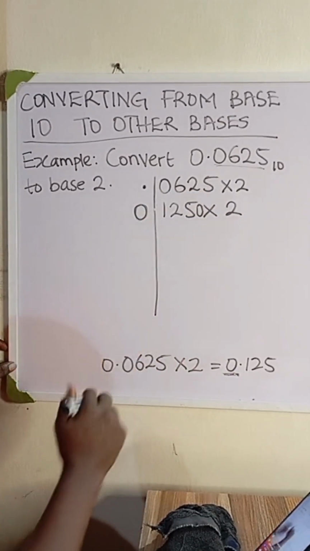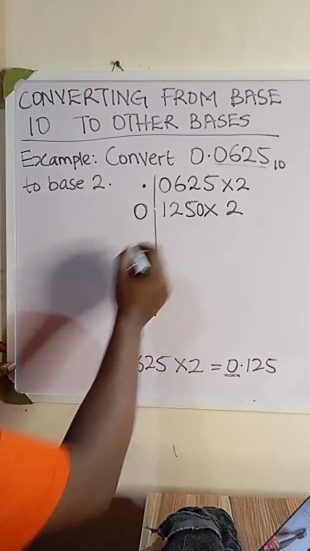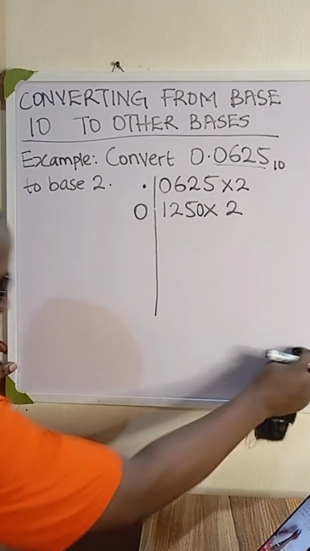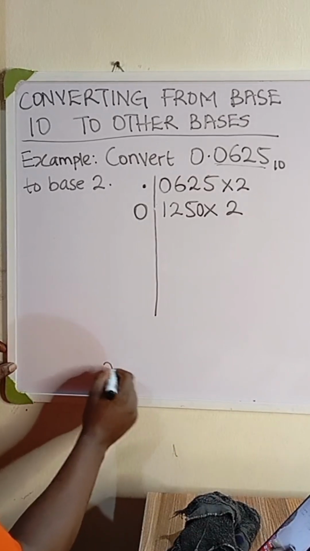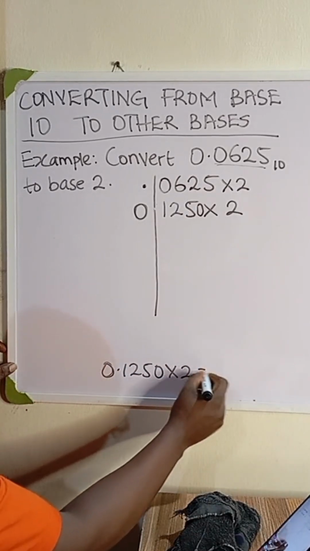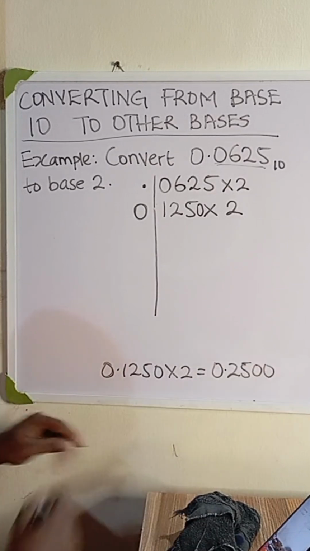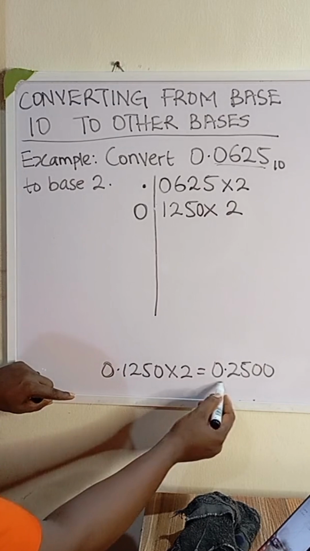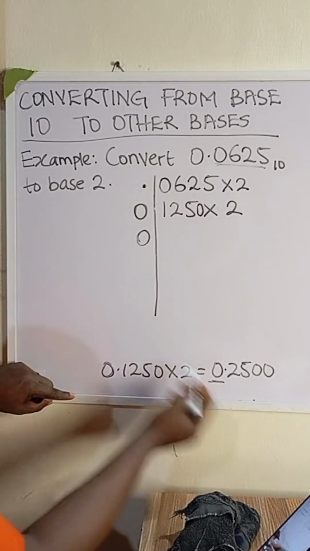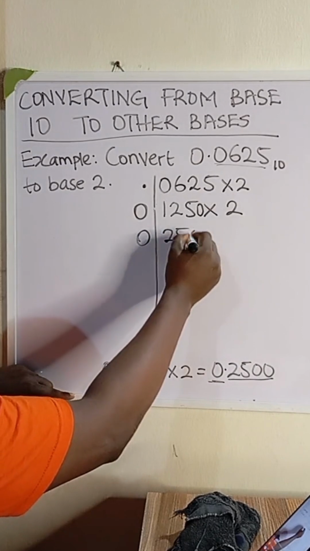So when you multiply this by 2, let me write it down, 0.1250 multiplied by 2, you're going to get 0.2500, right? So this 0 comes here again, and this comes here, 2500.